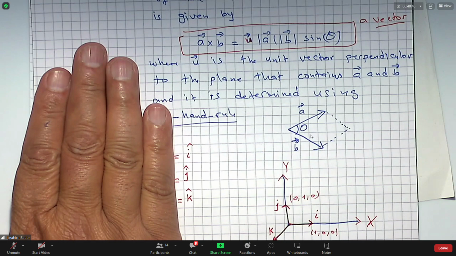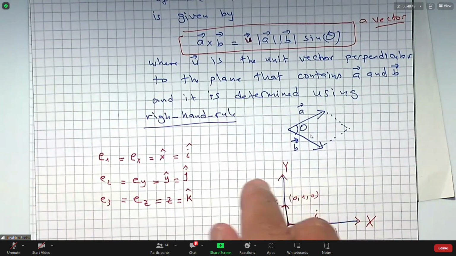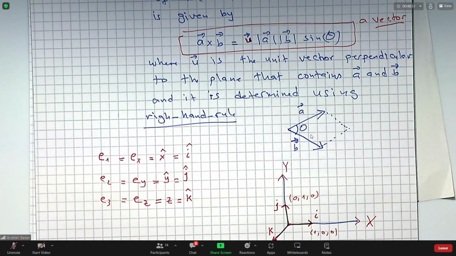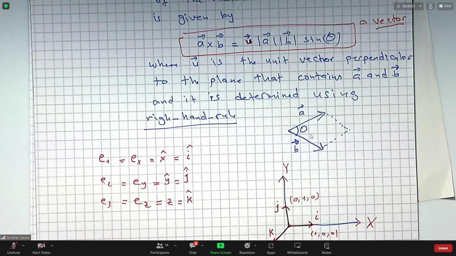We said that any vector in R3 is a linear combination of these. That means these three unit vectors generate all the R3 vector space. Any vector in R3 can be split down as a linear combination of these three vectors.